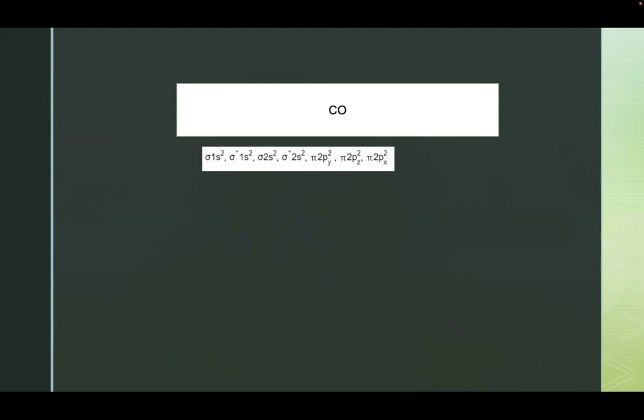So the filling of the electrons into the orbitals looks like this, wherein you have sigma 1s2, sigma star 1s2, sigma 2s2, sigma star 2s2, pi 2py2, pi 2pz2, and pi 2px2. And therefore, here there are no unpaired electrons. Everything is paired because every orbital can accommodate two electrons.